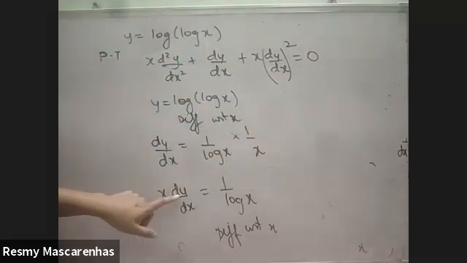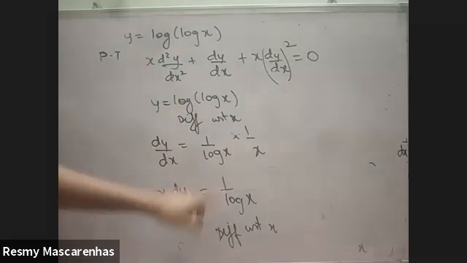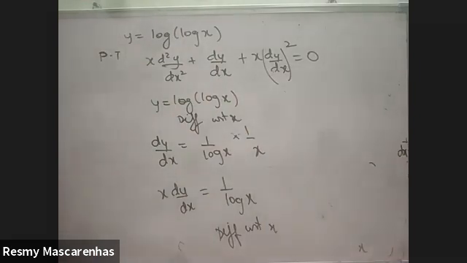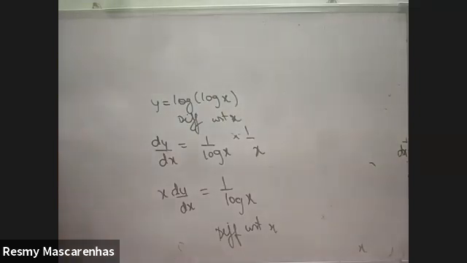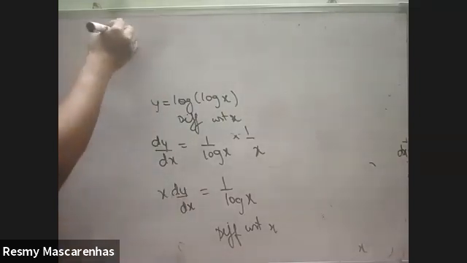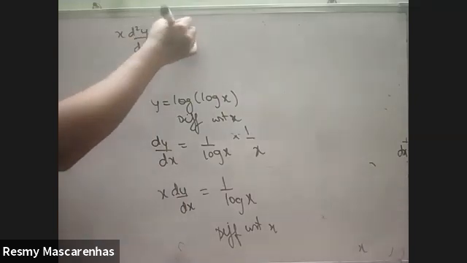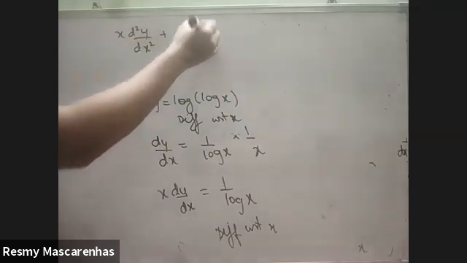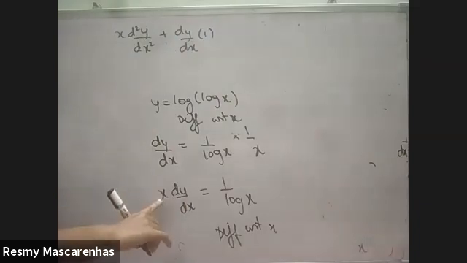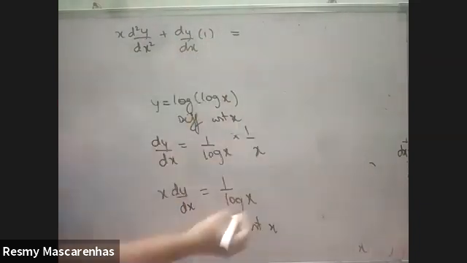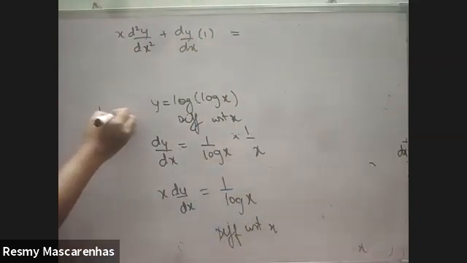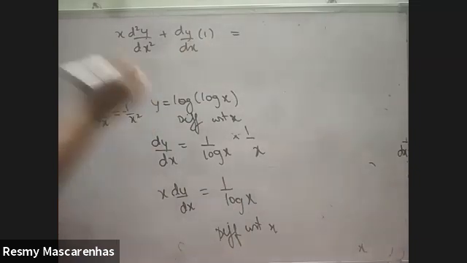Now this is u into v, and this will be u upon v, or straight away the 1 by x formula I can apply. So u into v plus v into u, derivative of x will be 1, is equal to derivative of 1 by x, which is minus 1 by x square.